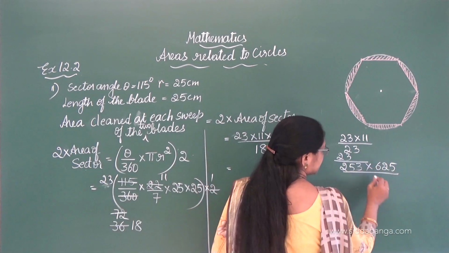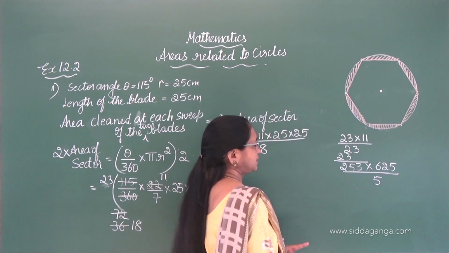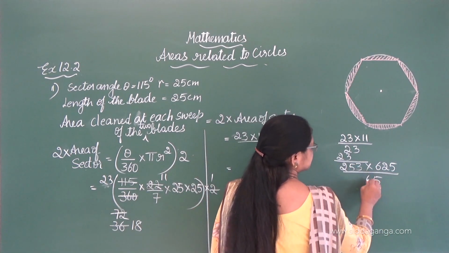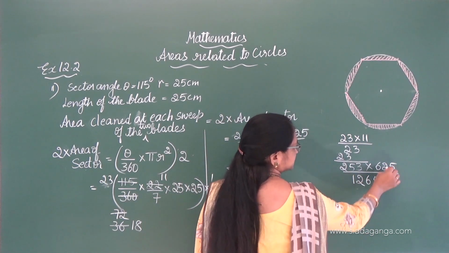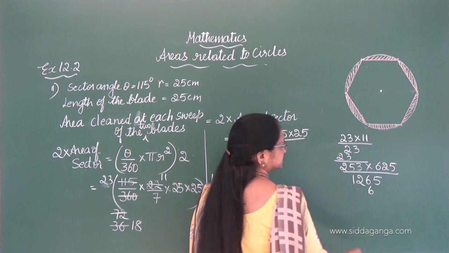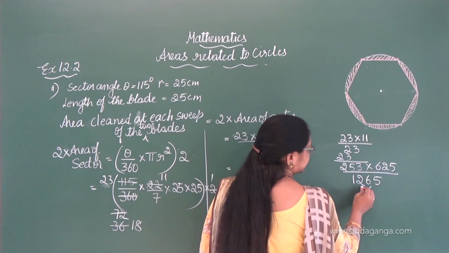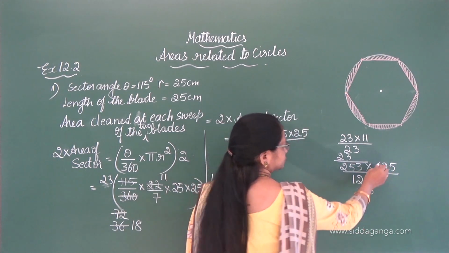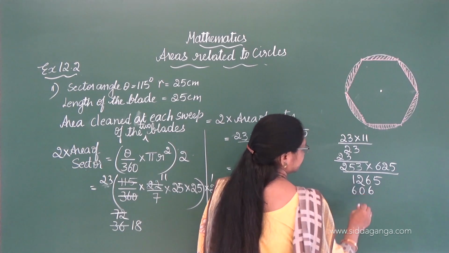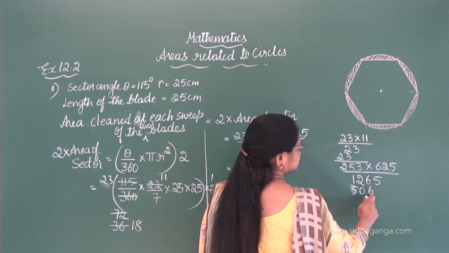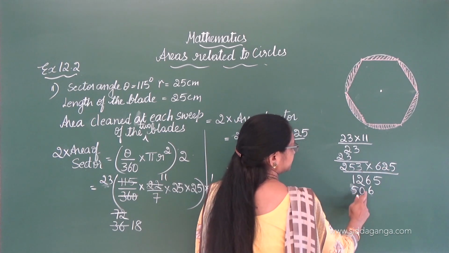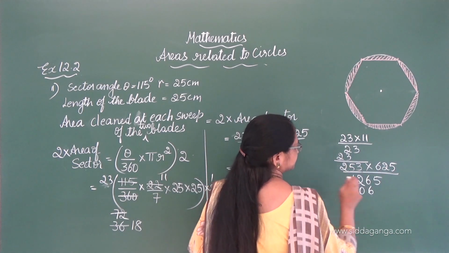See, 5 3s are 15, 1, 5 5s are 25, 26, 2, 5 2s are 10, 11, 12. Next, 2 3s are 6, 2 5s are 10, 1, 2 2s are 4, 5.